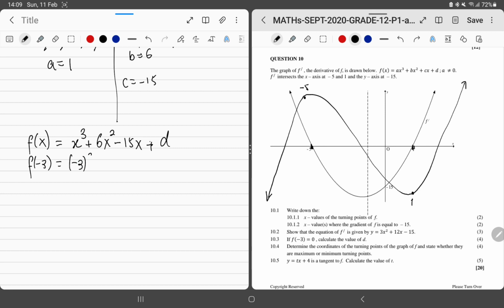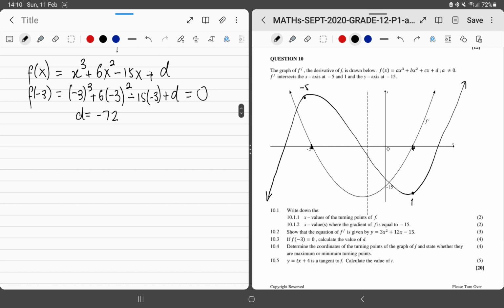So this is minus 3 cubed plus 6 into minus 3 squared minus 15 into minus 3 plus d should be equal to 0. So I'm getting 72. D should be equal to negative 72.